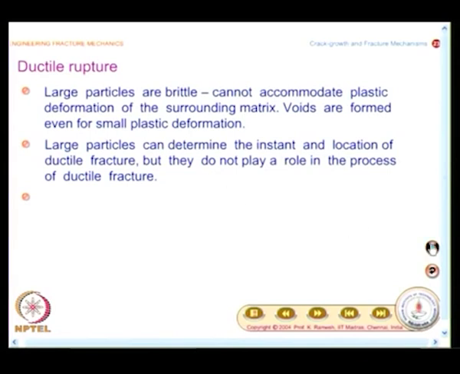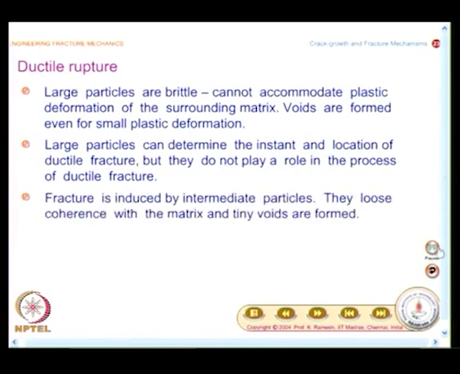Then what happens to intermediate particles? The intermediate particles lose coherence with the matrix and tiny voids are formed. And in essence, fracture is induced by intermediate particles.